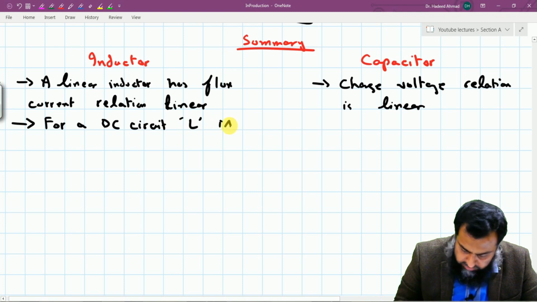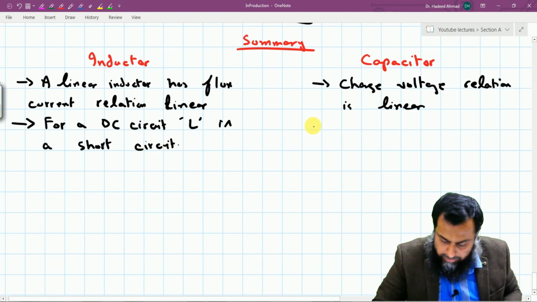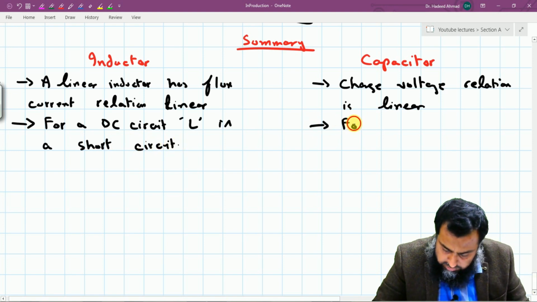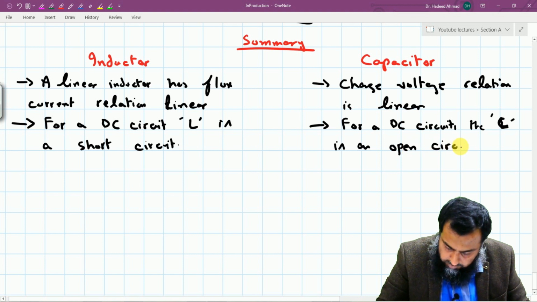For a DC circuit, the inductance L is actually a short circuit, whereas for a capacitor, for a DC circuit, the capacitance C is an open circuit, right?